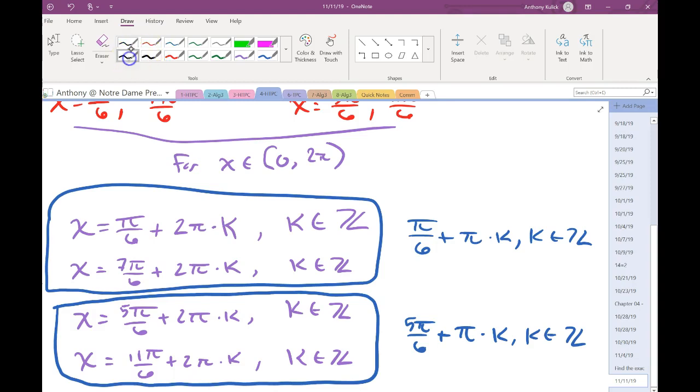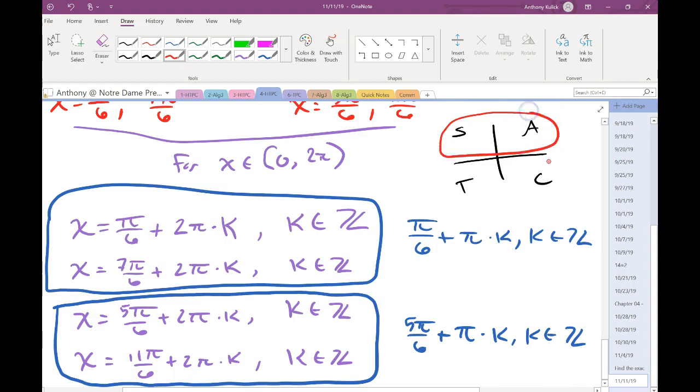So let me give you a hint. Remember that for sine, sine is positive here, and then negative there, right?